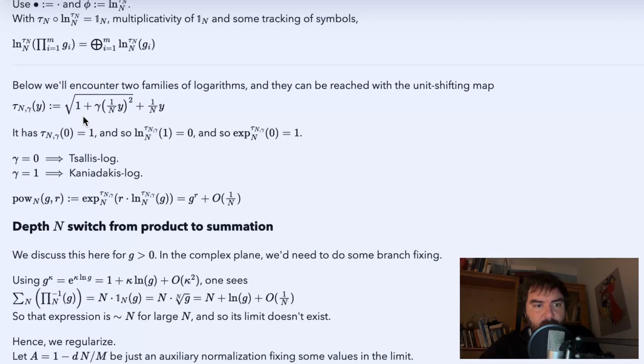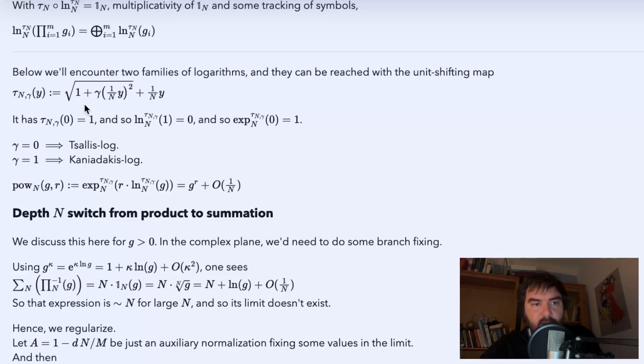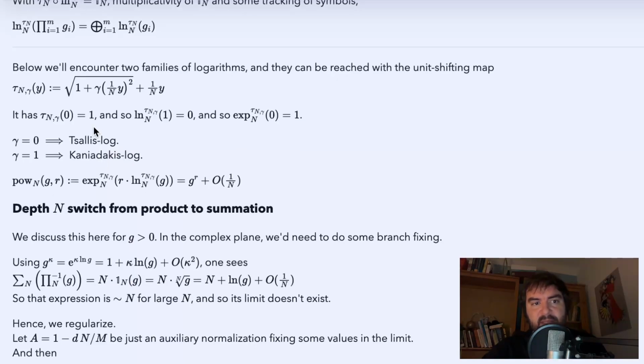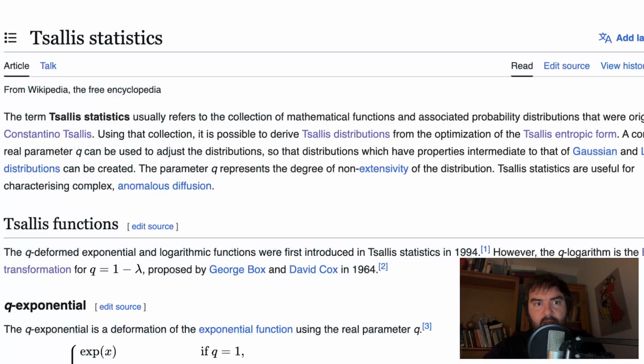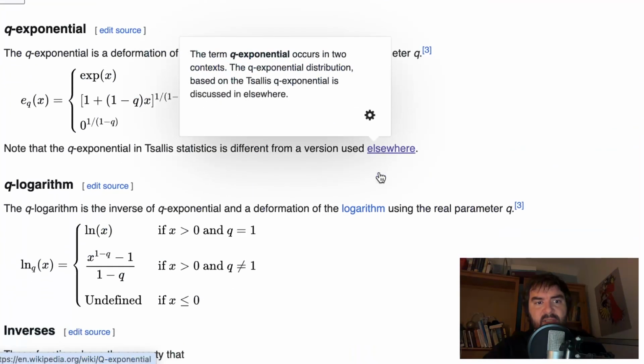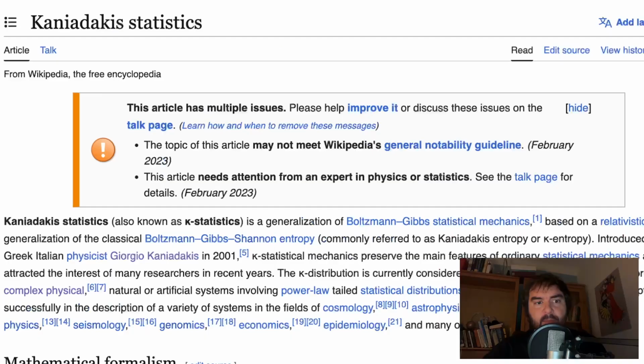If you take this tau of y and multiply it with tau of minus y, then you get exactly 1, because of how the algebra plays out. And then you get some deformed logarithm, which also has some nice properties. I might get to this later, but these are two important cases which give us these statistics here. We'll get to this in a second.